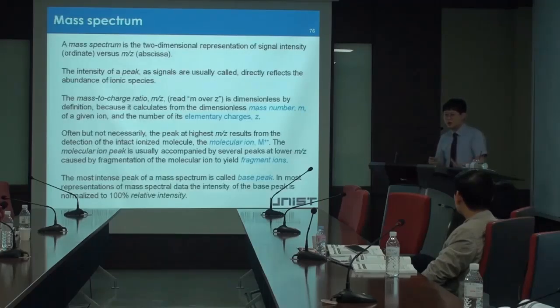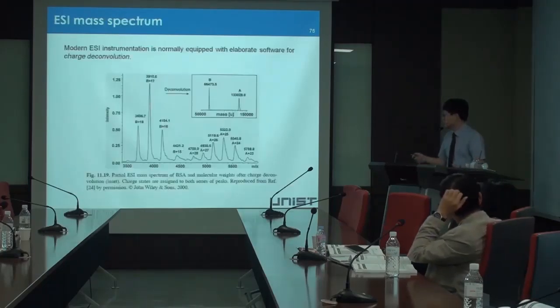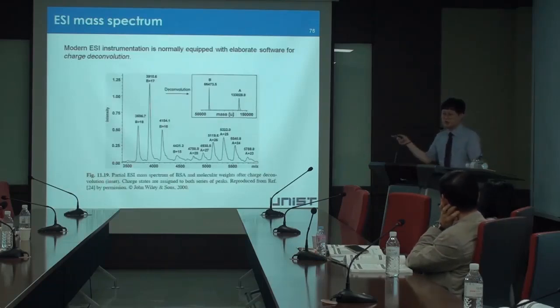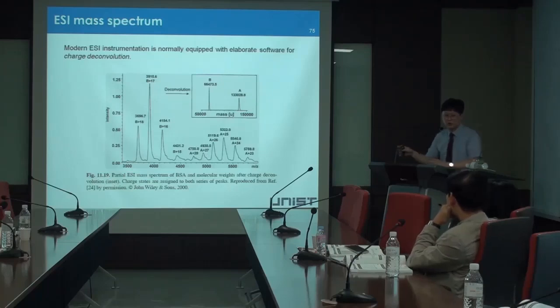Anyway, an EI spectrum generally shows many peaks because of fragmentation. But in ESI, the peaks are not from fragmentation but from multiple charged ions. There are many multiple charges, so they show many peaks, but only several peaks can be selected like this one.